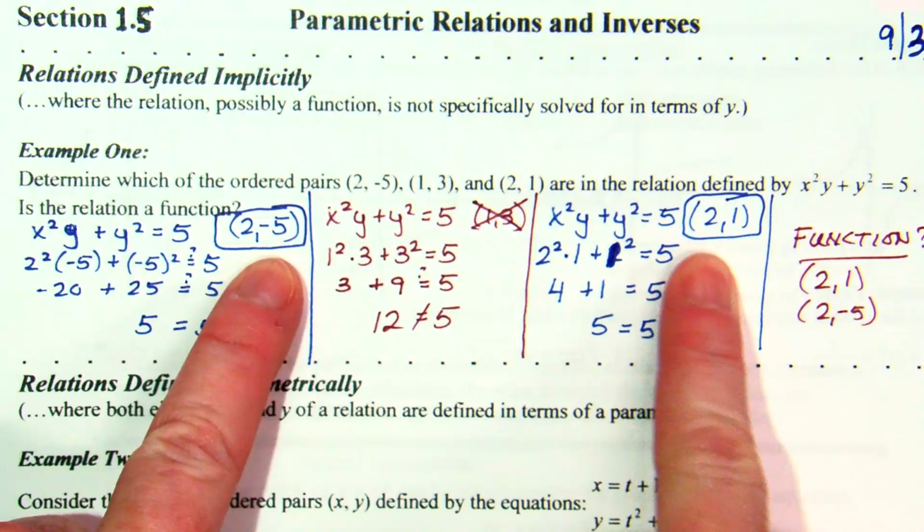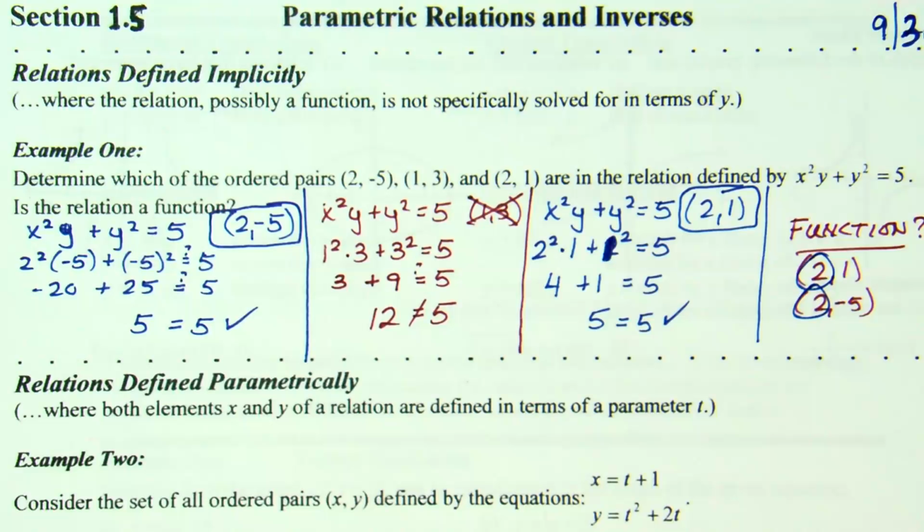If you look at 2, 1 and 2, negative 5, those are the two ordered pairs that happen to work, right? Notice the x values are the same. Those domain values repeat. And more importantly, they are paired with different y values. So is this a function? No, it's not a function, because your x value repeats there.